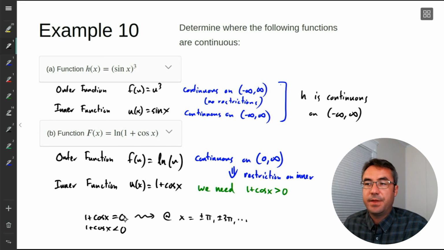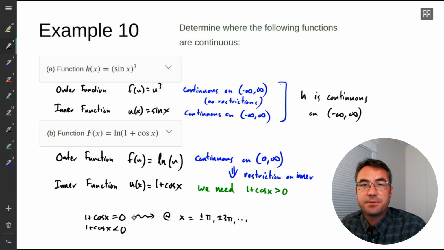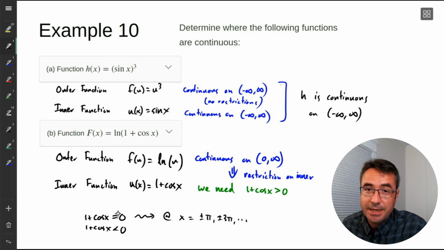And that's as small a value as 1 plus cosine x gets. The smallest cosine gets is -1, so the smallest 1 plus cosine x can get is 0. So this expression is actually never negative.